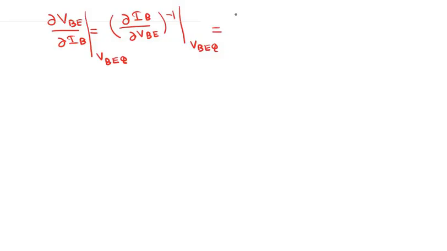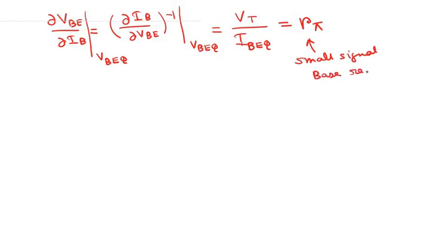This is equal to VT divided by IBEQ. This is generally denoted by the letter R pi, where R pi is known as the small signal base resistance.